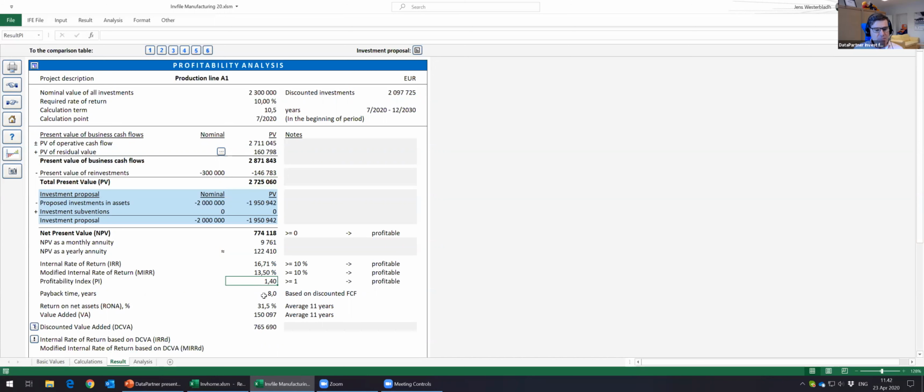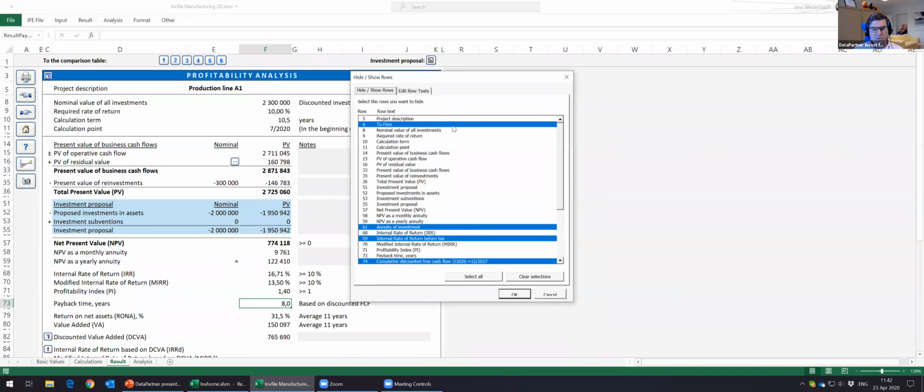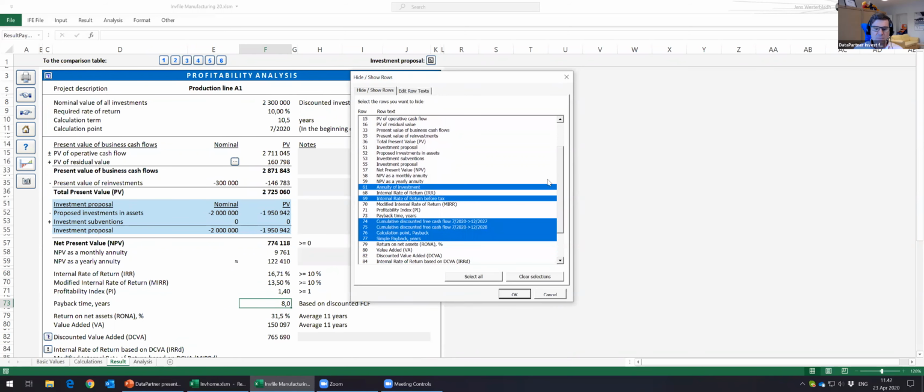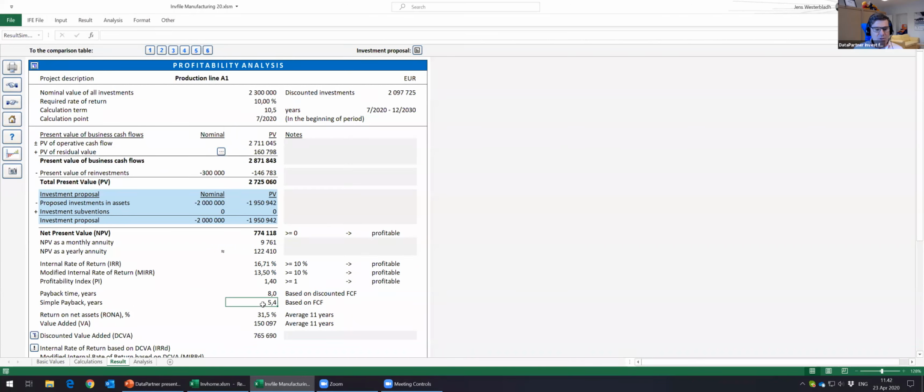The discounted payback time is 8 years. This takes the cost of capital of 10% into account. Without that, it would be much shorter. It's available here, but hidden because we don't recommend using it, since it doesn't take the cost of capital into account. It would be only 5.4 years.